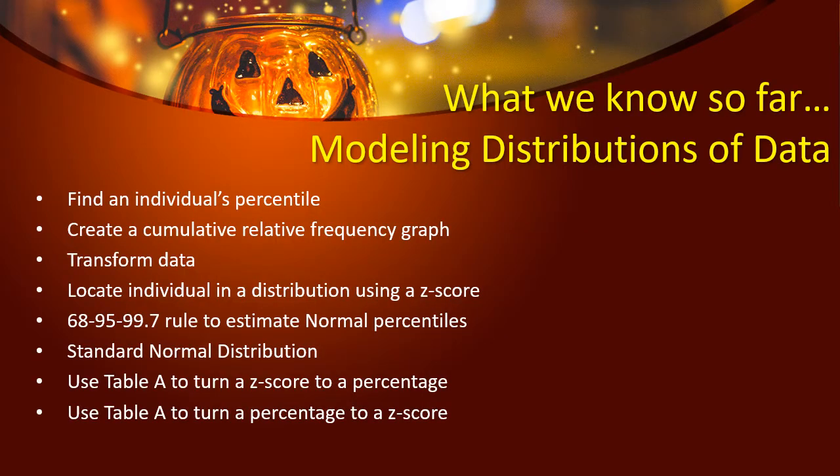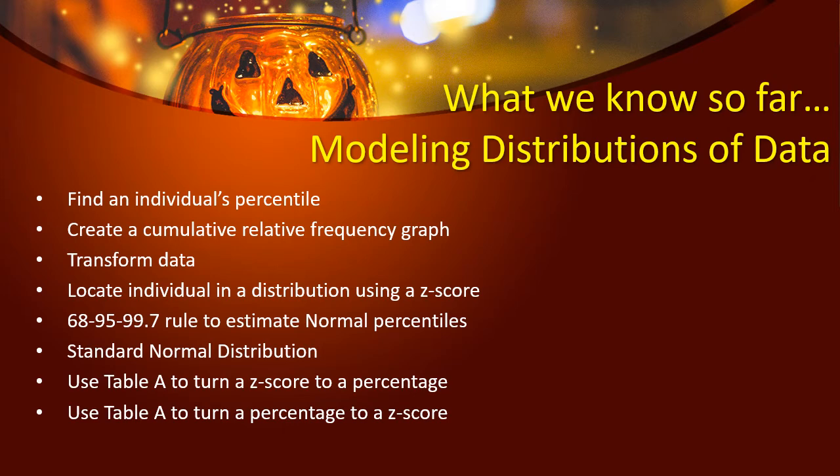So what have we done so far? The answer is a lot, and we're almost done with the chapter. First we were able to find an individual's percentile. Then we turned that into a cumulative relative frequency graph, which is a graph of the percentiles.